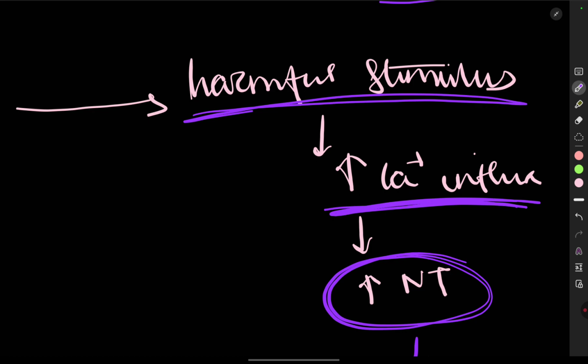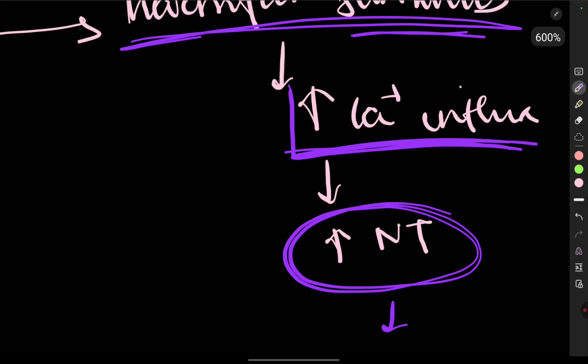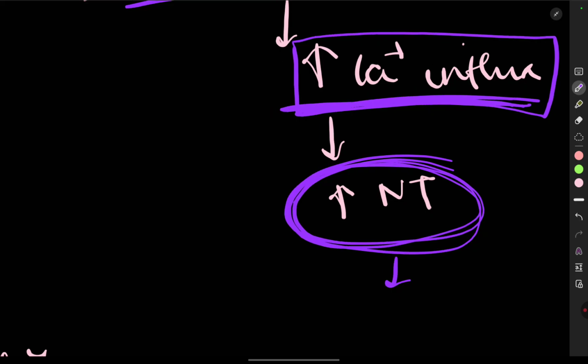It is harmful, right? So his body has to generate some response that this specific thing is not good for your body. Whenever a harmful stimulation is given, the calcium influx increases and the release of neurotransmitter also increases. So this is called sensitization.